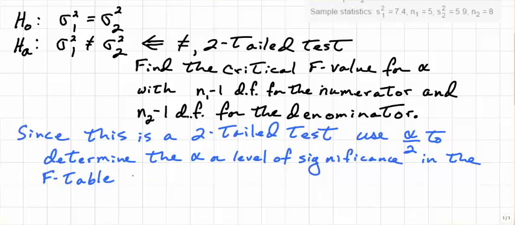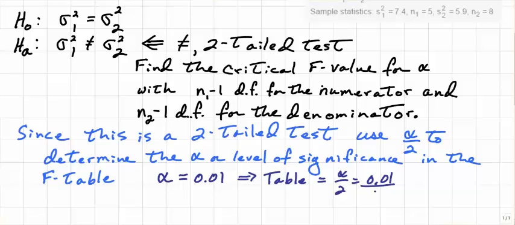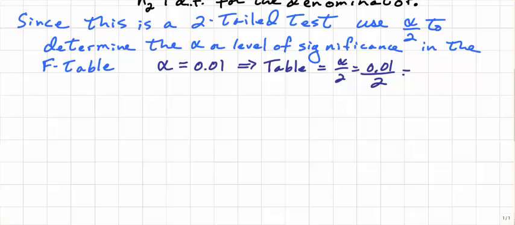So since we started out with alpha being equal to 0.01, the value in the table will be equal to alpha divided by 2, which will be 0.01 divided by 2, and this will be equal to 0.005.